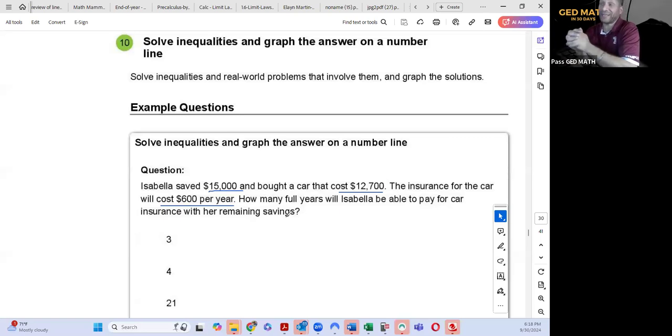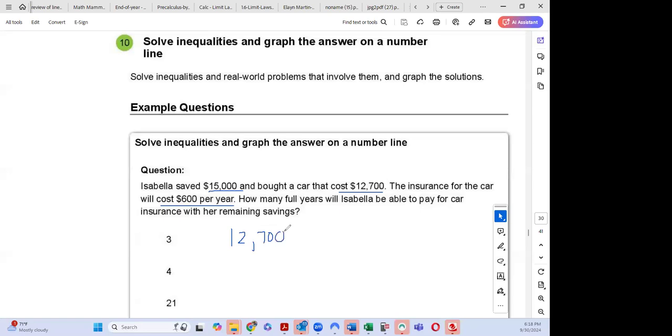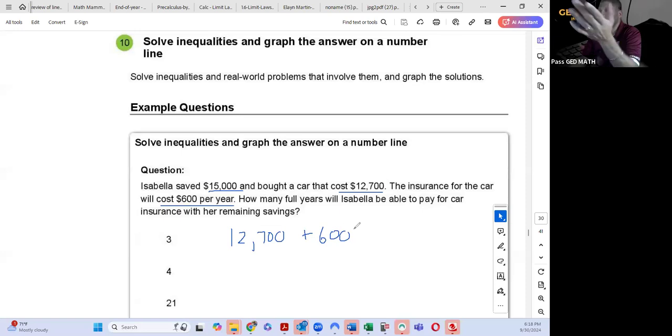They want you to set up an inequality. So they want you to say 12,700 plus 600 times some variable. We'll call it years, call it Y. 600 because it's $600 per year.